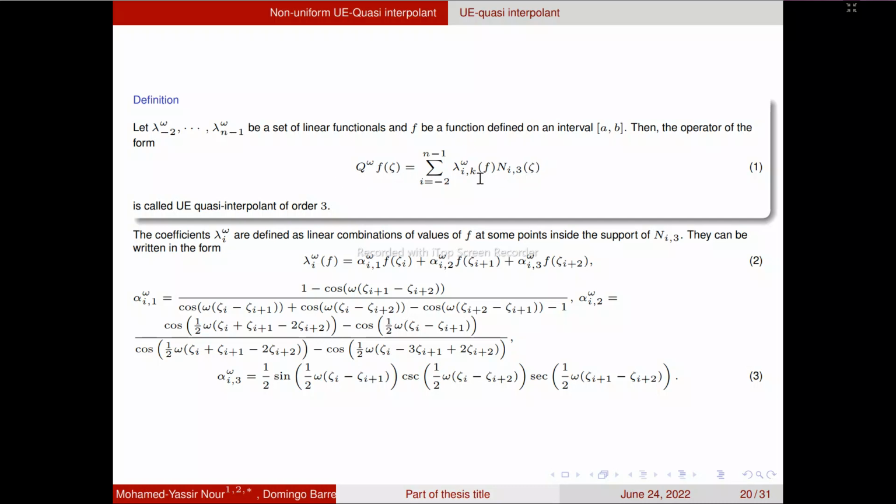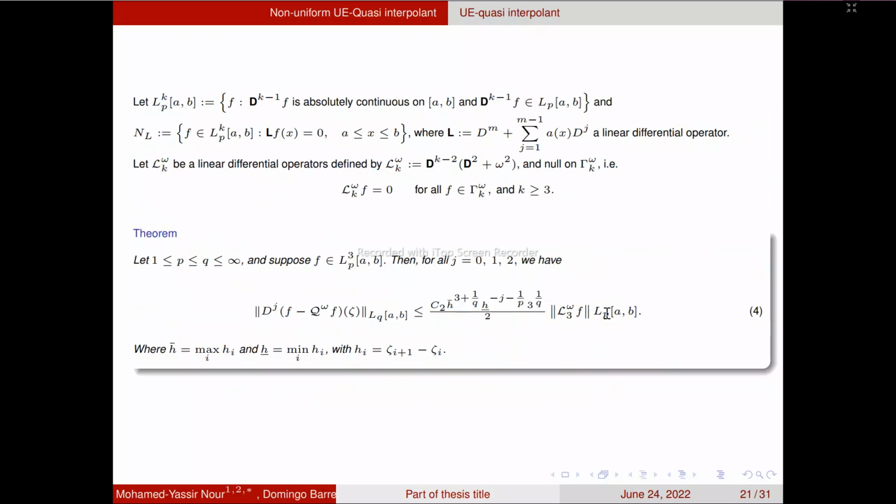The definition of the quasi-interpolant is like that, where lambda is the dual functional and is written by this formula. So alpha and alpha 2, 3 are as follows.